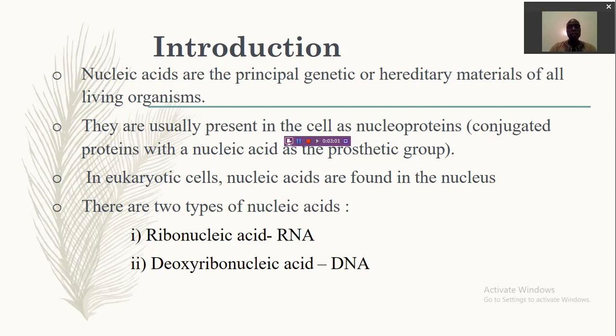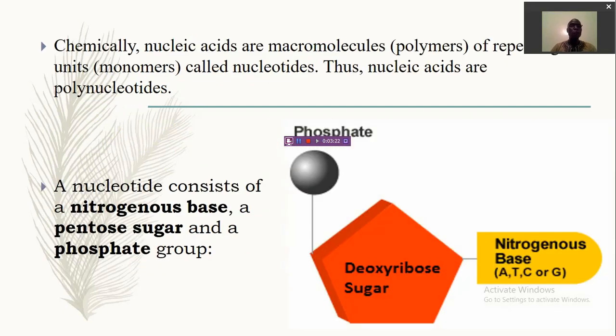Now, in eukaryotic cells, nucleic acids are normally found in the nucleus. This is something that I'm sure you are all familiar with. Basically, we have got two types of nucleic acids. The ribonucleic acid, or basically RNA, and the deoxyribonucleic acid, what you commonly call DNA.